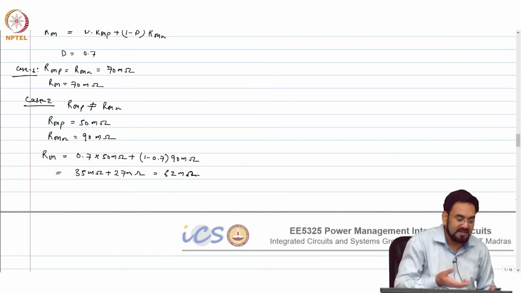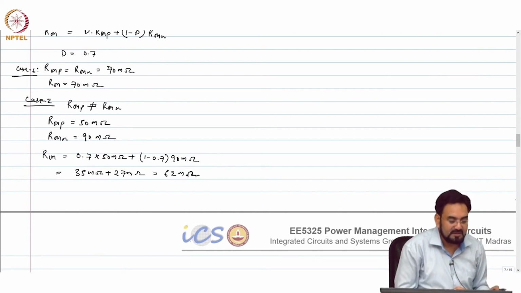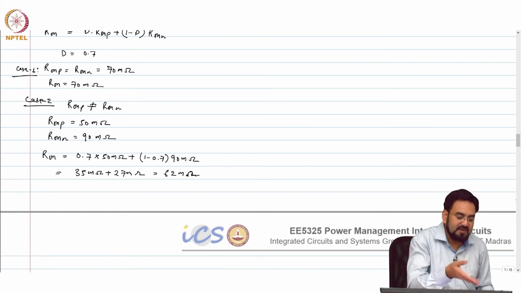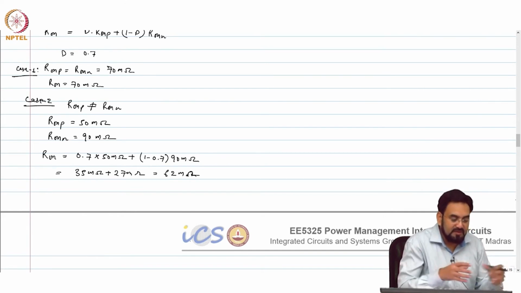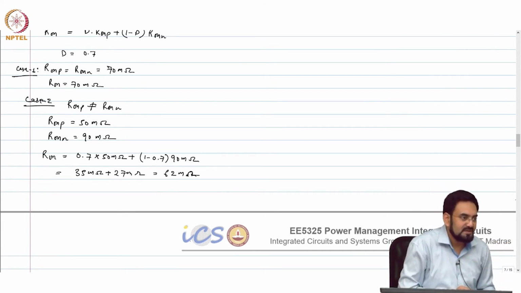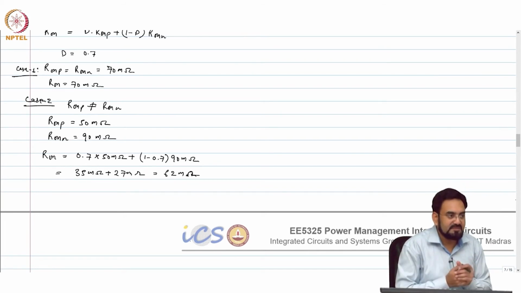But if I am operating, let's say instead of D 0.7, I am operating at, let's say, 0.3, 0.4, then I would like to keep RDS on of NMOS smaller than PMOS. And while doing this optimization, you are keeping the area roughly same, but total RDS on is reducing because of the duty cycle actually.